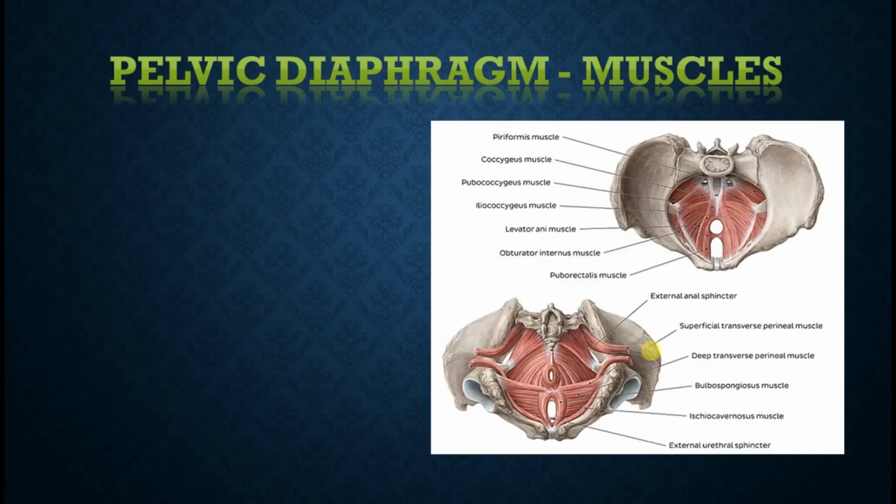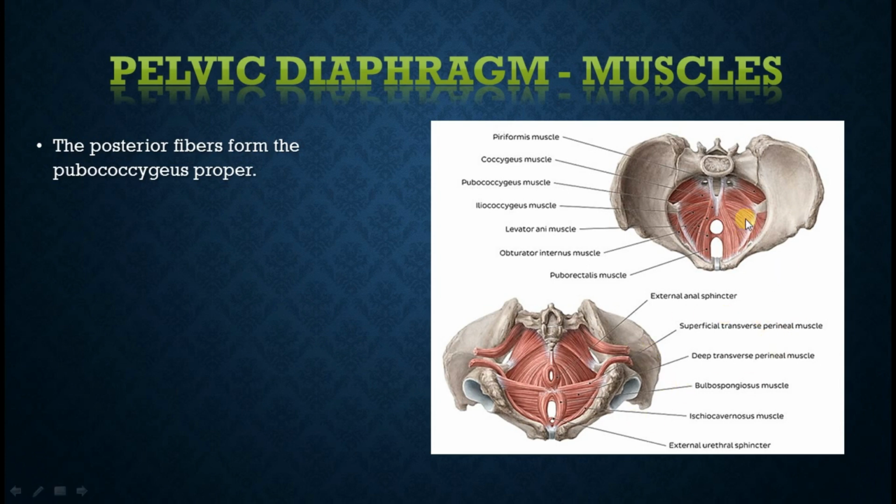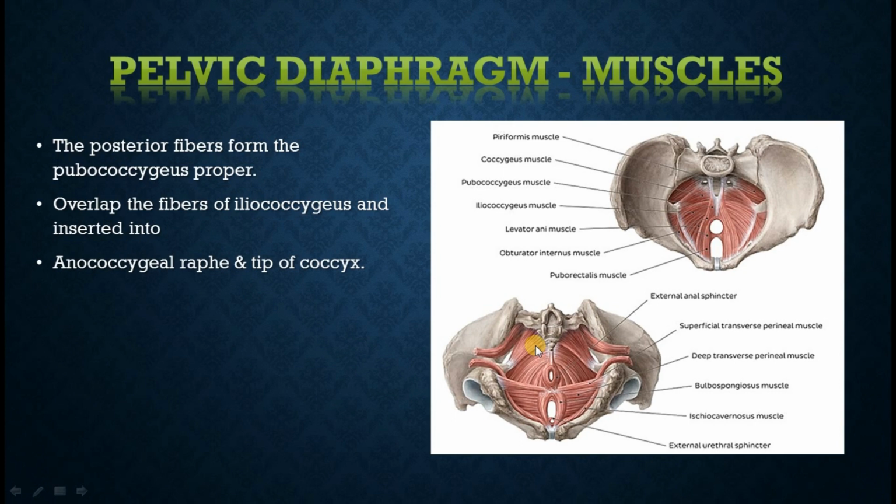The anterior fibers we have seen as the pubovaginalis, levator prostate. Middle fibers, puborectal sling. Posterior most fibers of the pubococcygeus overlap the fibers of the iliococcygeus and are inserted into the anococcygeal raphe and tip of the coccyx.